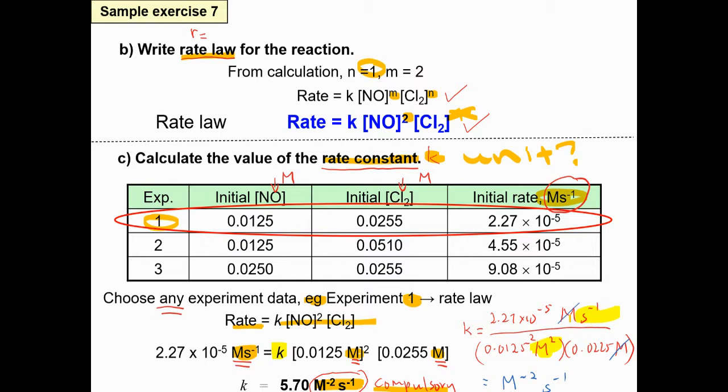I would do it one by one in calculation. For example, to find k, I rearrange, then I get molar per second, then molar squared, then this one is just molar. Then I cancel out, and I get the rate constant unit. It's not that difficult, it just takes some time.